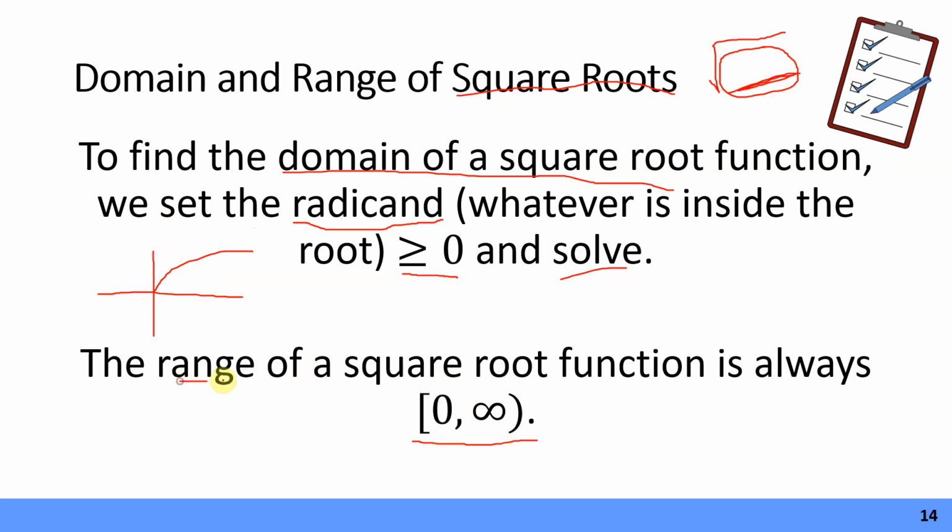Of course, this is only the range of the original square root. If we start modifying it, if you remember transformations, if we start moving it up and down and reflecting, of course, it could change. But just remember for right now, the range of the original square root is always 0 to infinity. Okay, so we're going to put this to practice in the next example. So if you don't understand this, that's okay. Just make sure you have it on your notes.